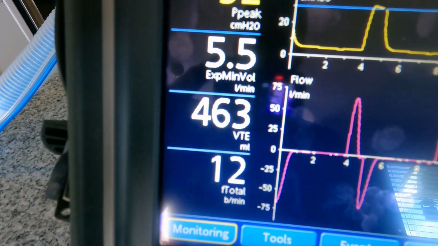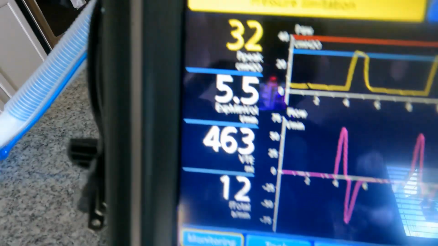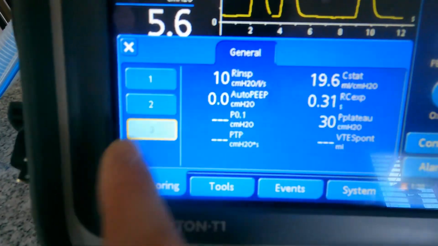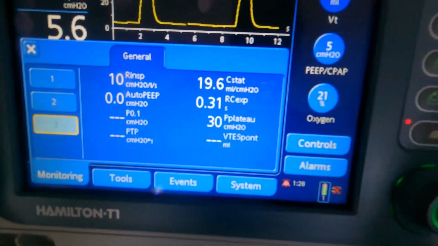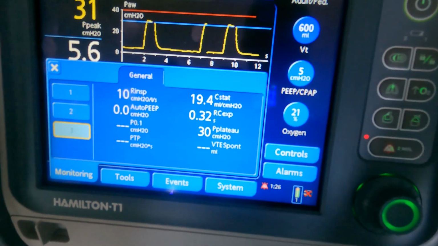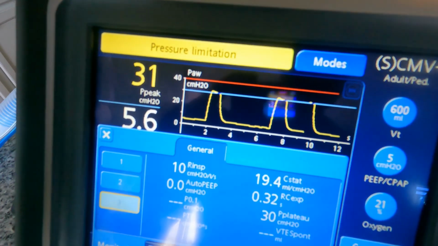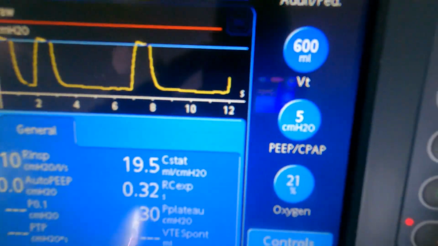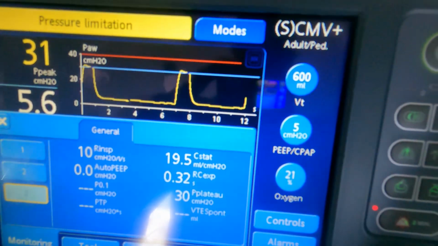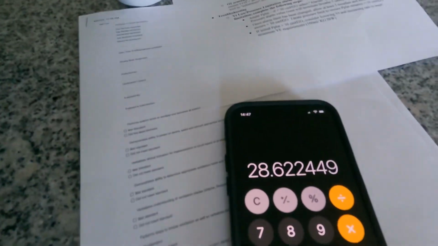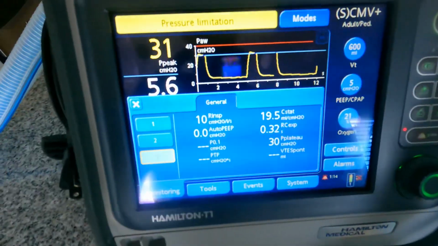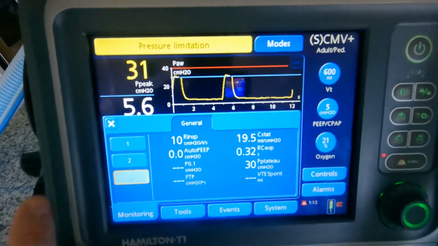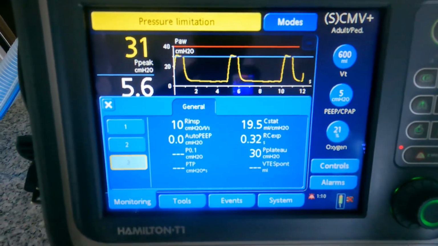So 463 divided by our C-stat of 19.6. And that gives me 23.6, and then I'm going to add our PEEP, which is 5, to give me a P-plat of 28.6. So that's how we get a P-plat. So just make sure you're familiar with how to go through that process.